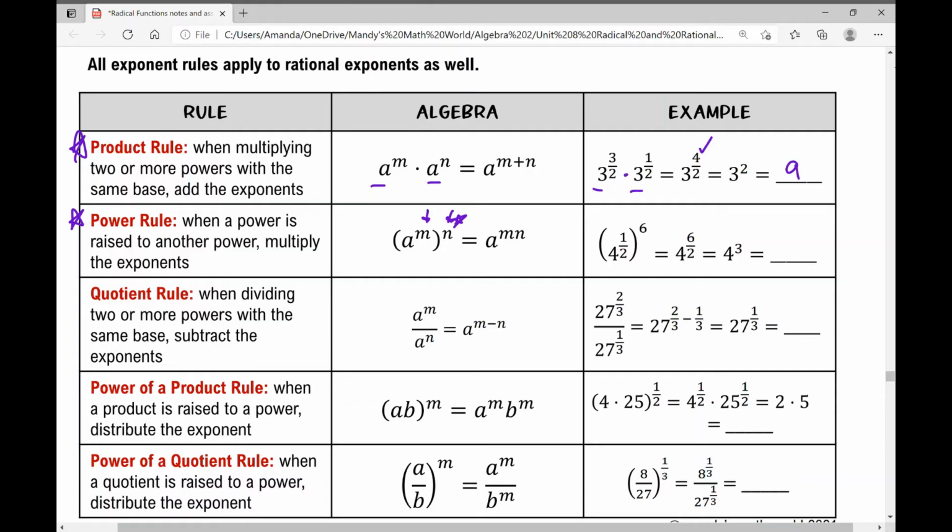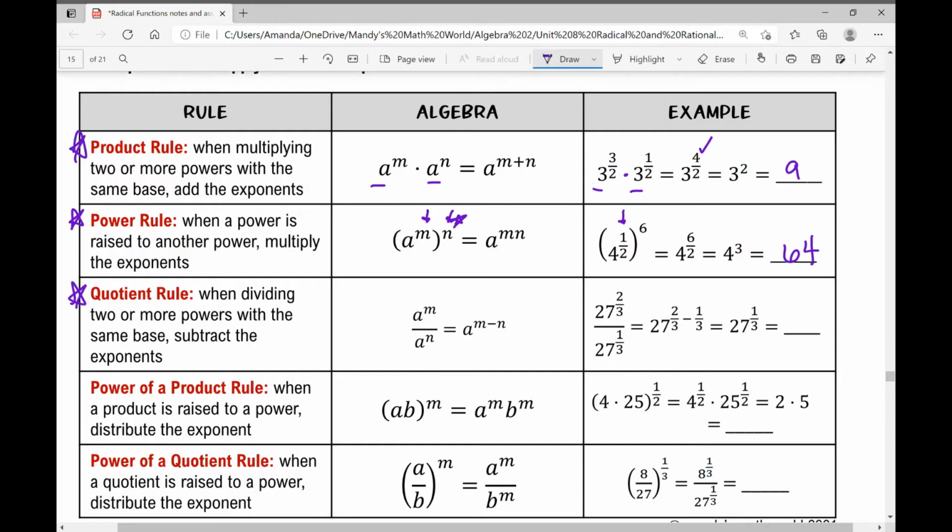So in our example, we've got 4 raised to the power of 1/2, all raised to the power of 6. So what you can do is take that 1/2 and multiply it by 6. 1/2 times 6 is 6 over 2. I can simplify that fraction to be 3. 4 raised to the power of 3 is 64.